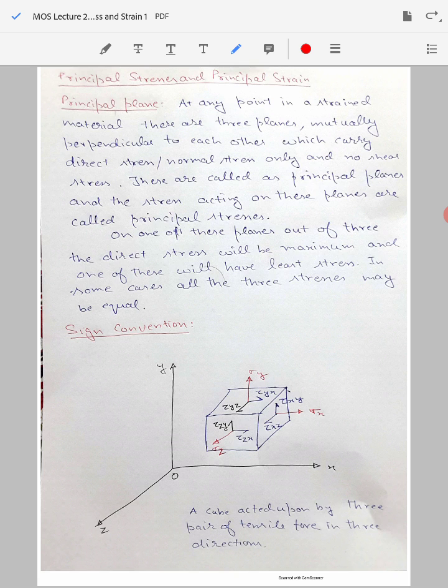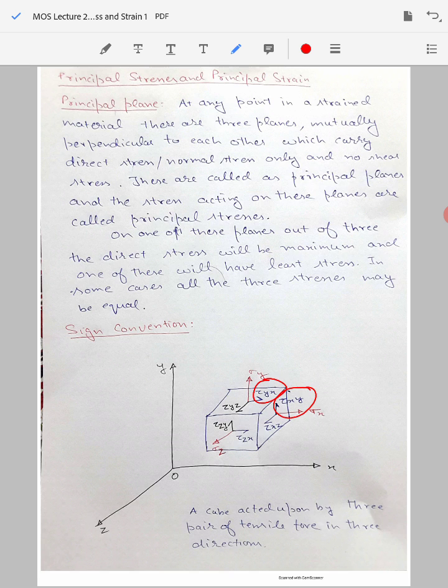Now comes the shear stresses. Shear stresses are the stresses which act parallel to the planes. There are three planes, of course: the xy plane, yz plane, and zx plane. The stresses acting in the xy plane are tau xy and tau yx, which you can see over here.